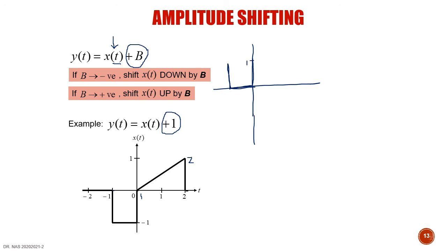So here is +1, and then going up, 1 plus 1 becomes 2. And here 0 at point 1. Okay, so this is your new signal. Okay, crossing at 1. Okay, so this is -1, 0, and here is 2.